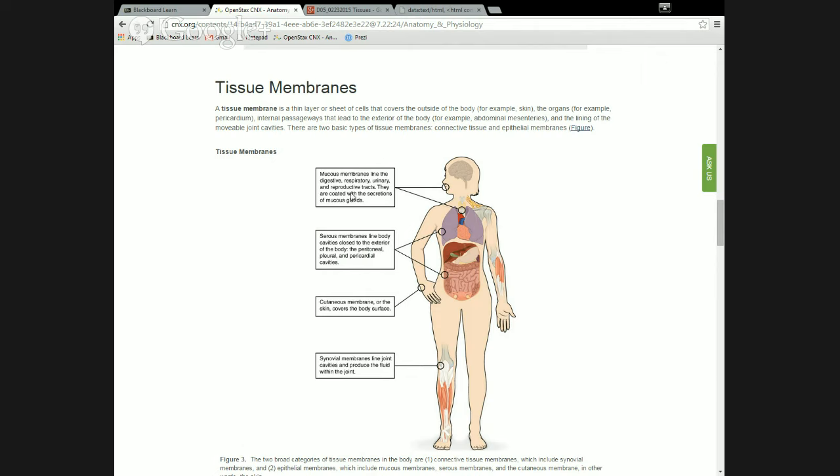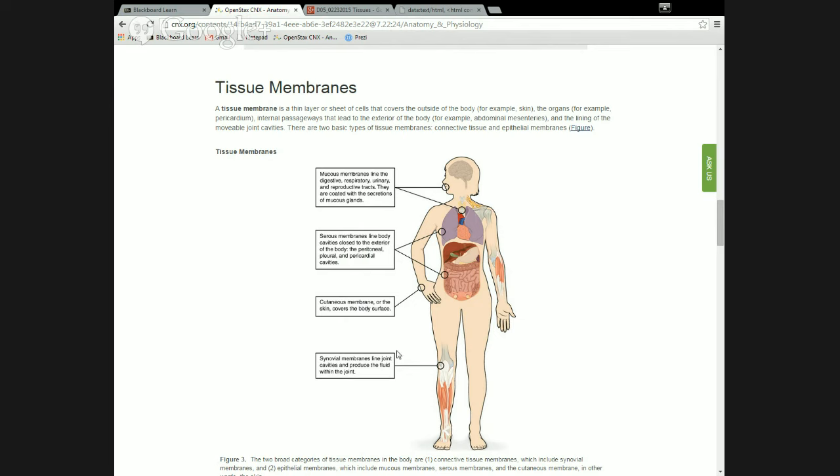Three of these membranes, which are mucous membranes, serous membranes, and the cutaneous membranes, are combinations of epithelial and connective tissues. So at the stage where I've just introduced the four types of tissues, it's not terribly hard to say sort of how those are organized.